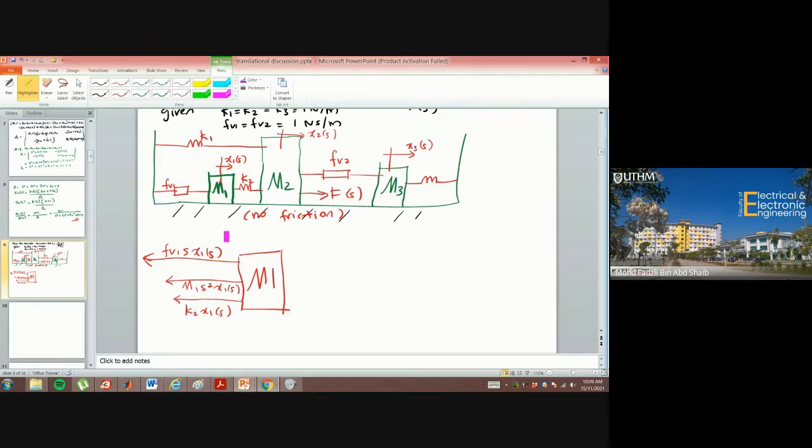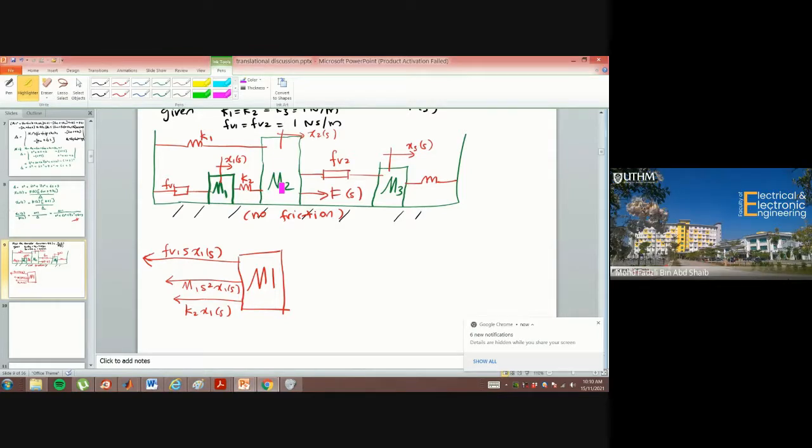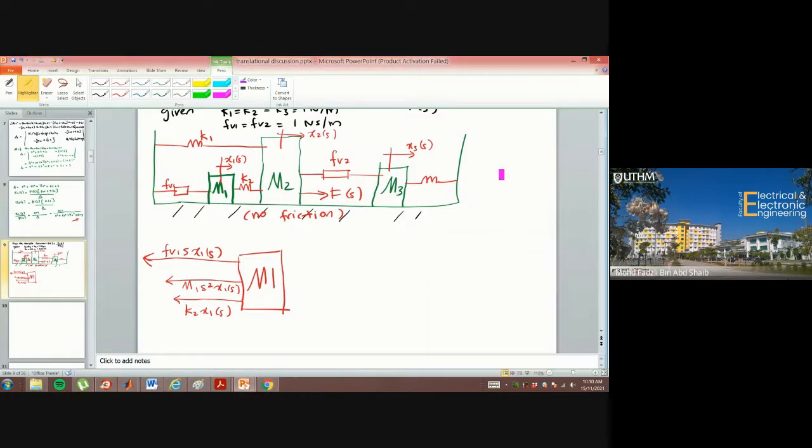Okay. How about force of M1 due to the motion of M2? What's the link between M1 and M2? Guys, what's the link between M1 and M2? K2, right? Okay, good. So the force should be in a different direction, as I've told you before, different direction of M1. So it becomes K2 X2S. Why X2S?